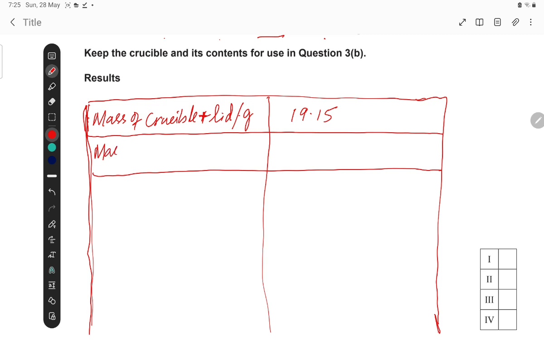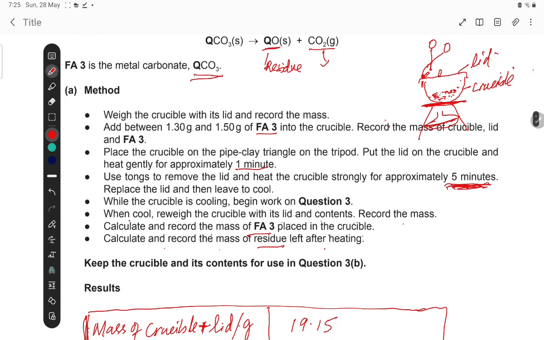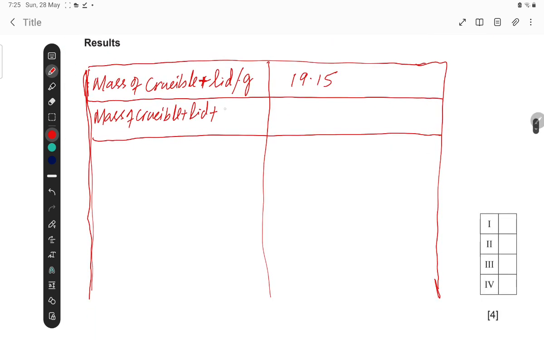Mass of crucible plus lid plus QCO3, in gram. So for example, this is 20.40.